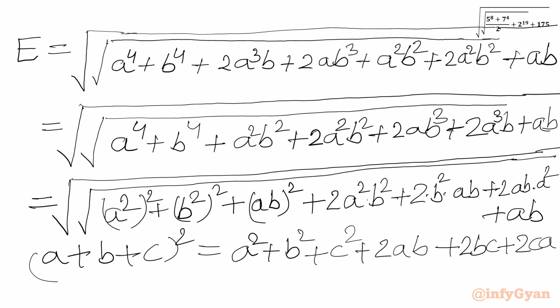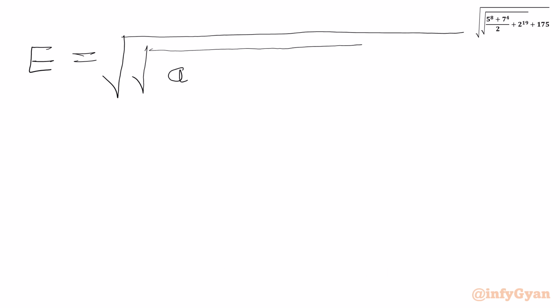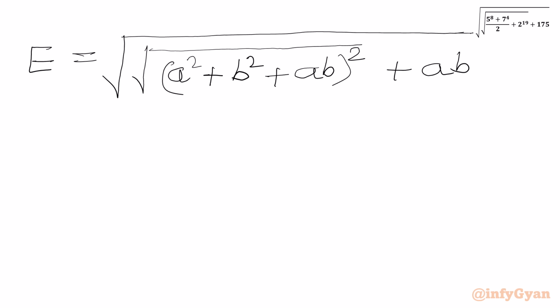So I can write expression E will be square root of A square plus B square plus AB whole square, and then we have plus AB after this radical sign.